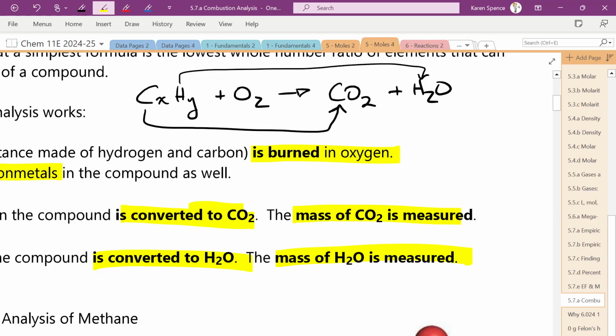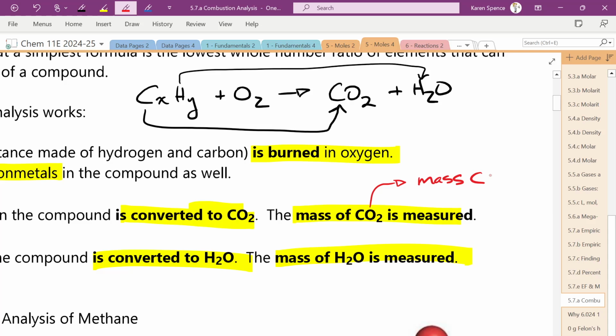Now, do you remember our little poem for how to find an empirical formula? Find the mass. And what are we finding the mass of? Each element. If we know the mass of CO2, could we find the mass of carbon? We sure could.